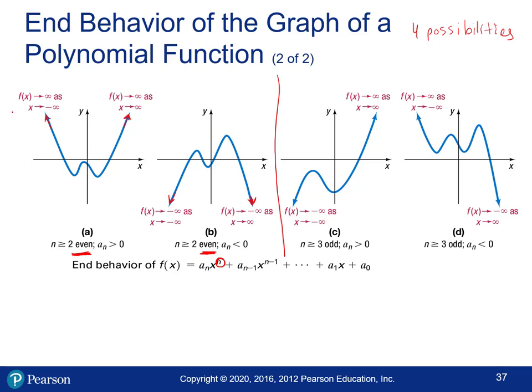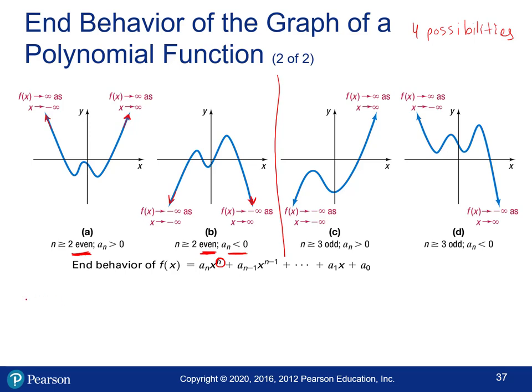Okay, so when we first just learned about our power function, we only focused on the one that goes up. However, if your leading coefficient is negative, then your graph's going to flip. It's going to flip and go down.